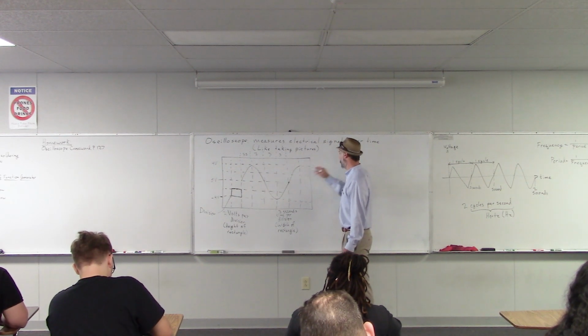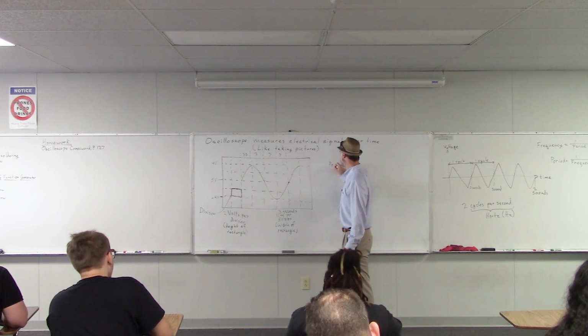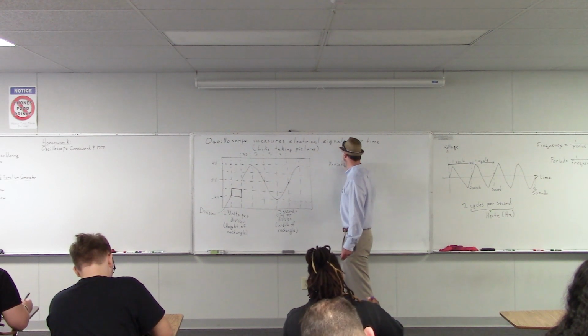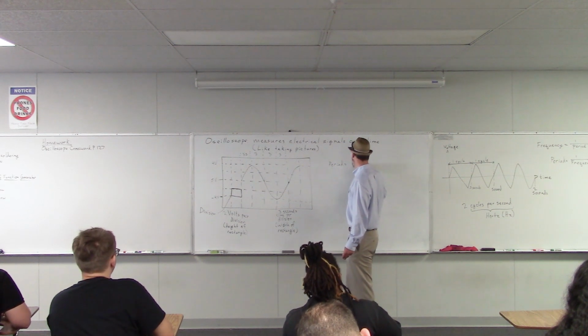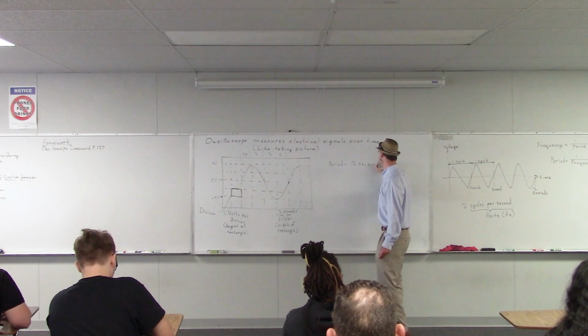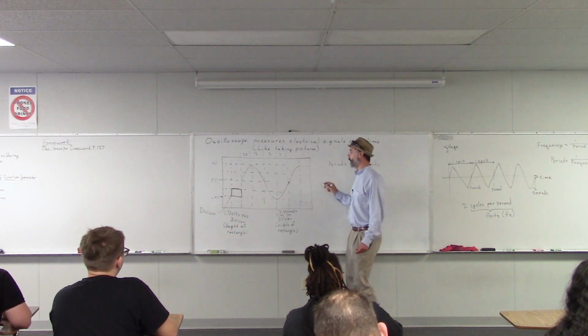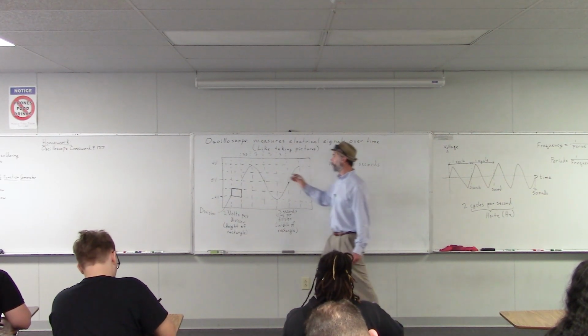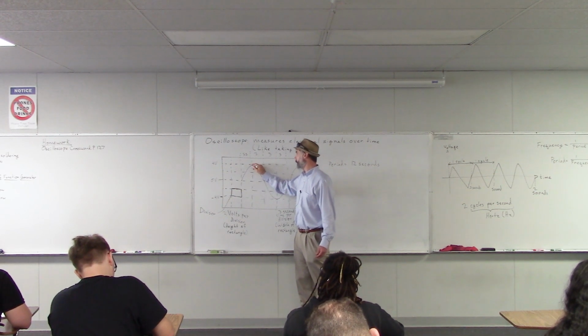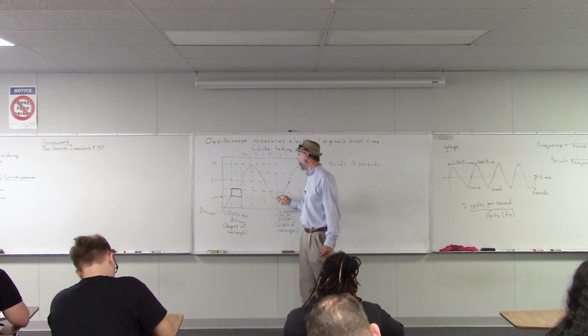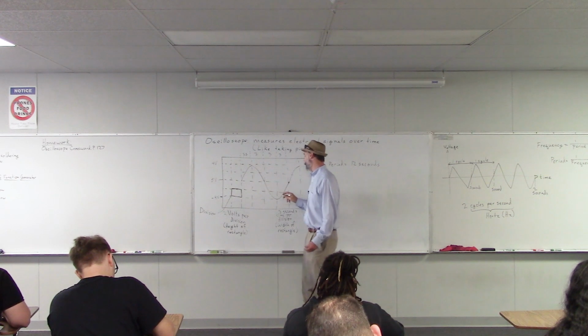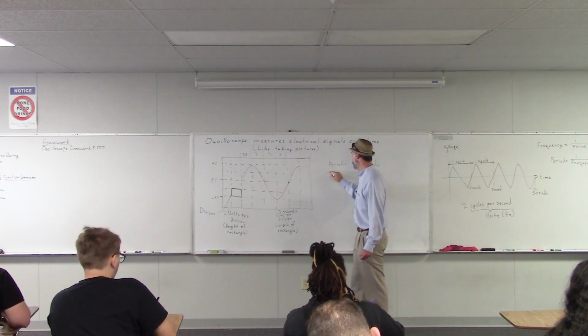So for this wave, the period would be 12 seconds, and the amplitude from the highest peak to the lowest peak, we call that the peak to peak amplitude, or voltage peak to peak.